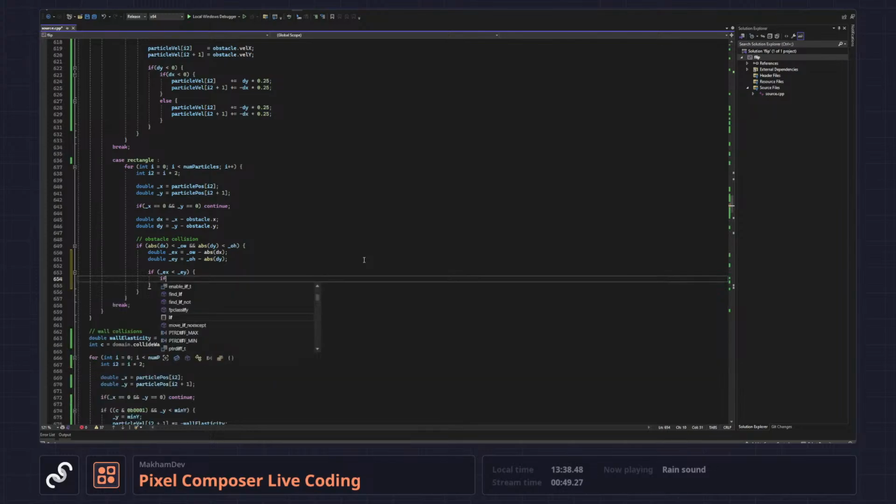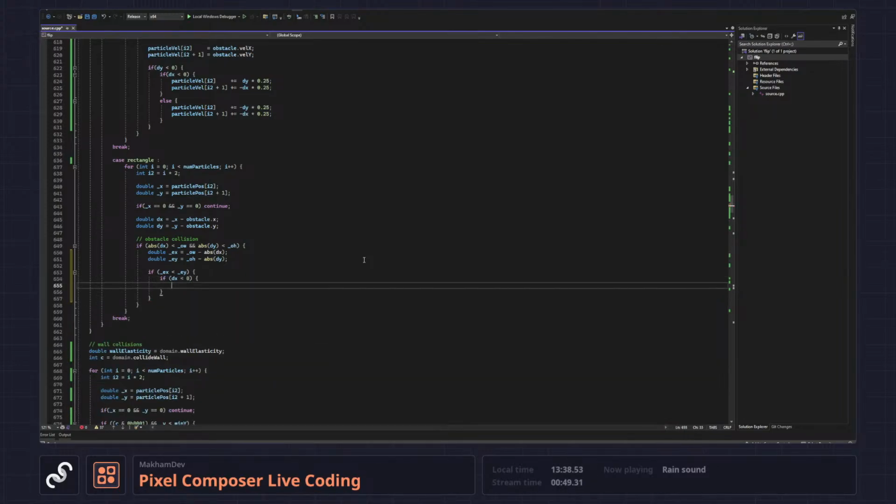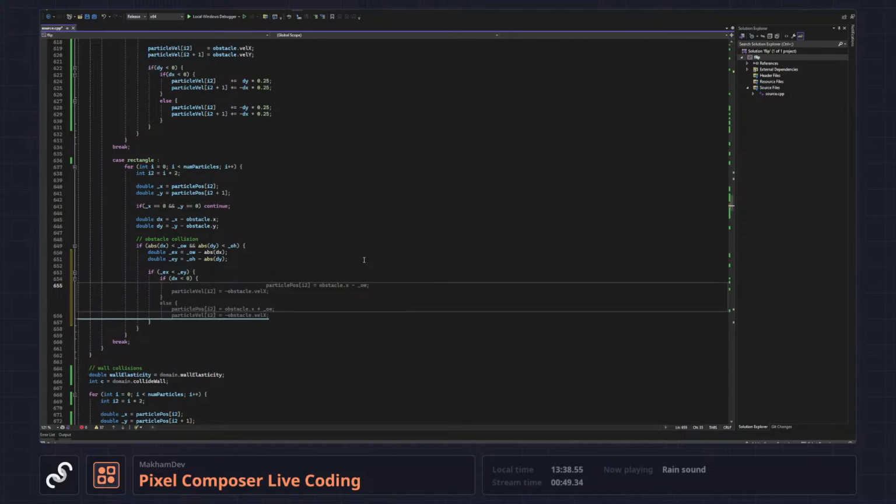Say if dx less than 0, then we say, let's see, particle position at x would equal obstacle x minus OW. That's not right.